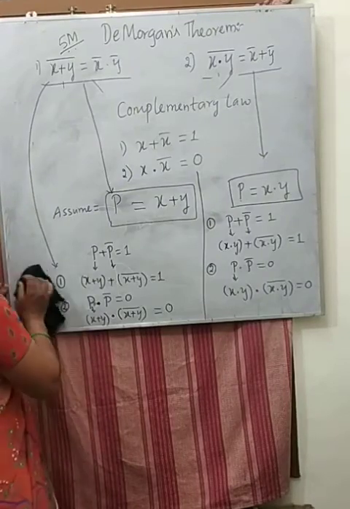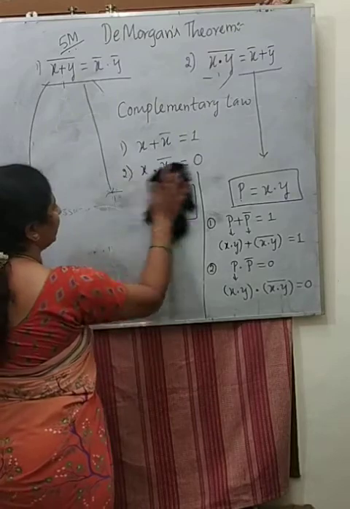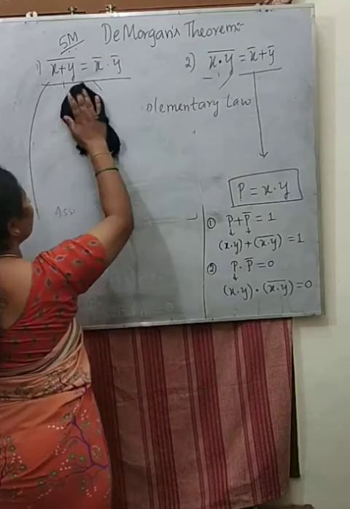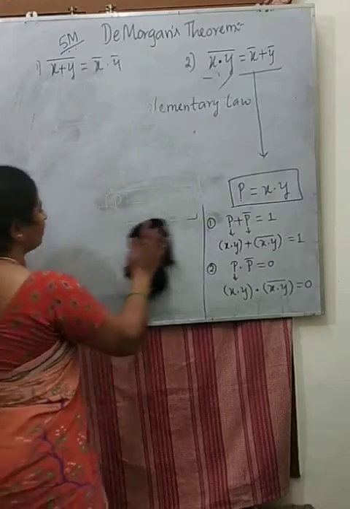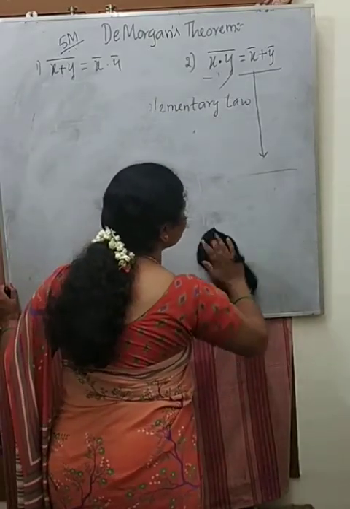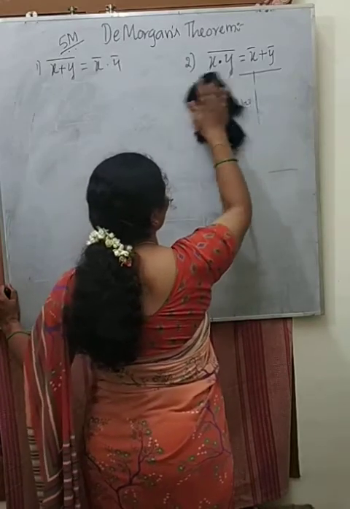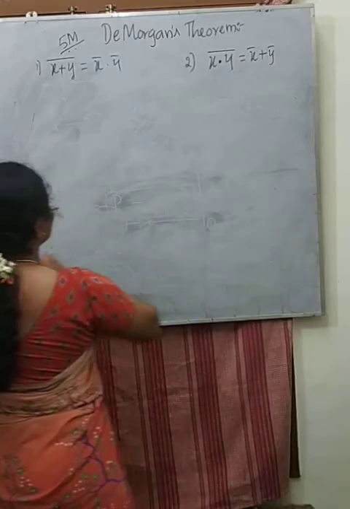Both the theorems are proved with which law? Complementary law. Using the complementary law, we are going to prove the theorems with how many parts? 2 parts. One for 1 and one for 0.